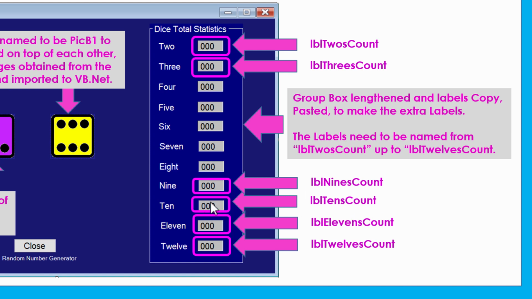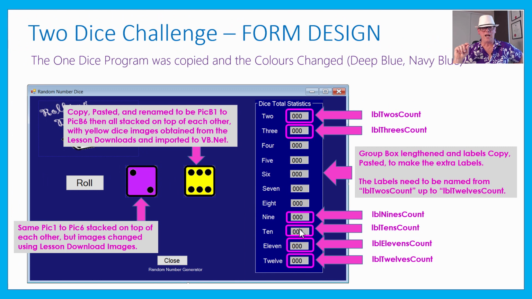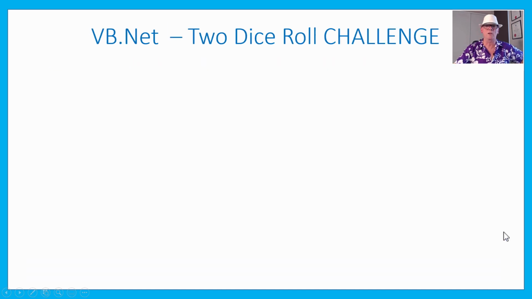So you need to name them exactly as they are on that form, so that in the program when we reference them, that's all going to work out okay, and it's going to put the right numbers into the right counters there, okay? So make sure you set all this up, label them, and call the picture boxes exactly what we've got on here, and everything should be good.